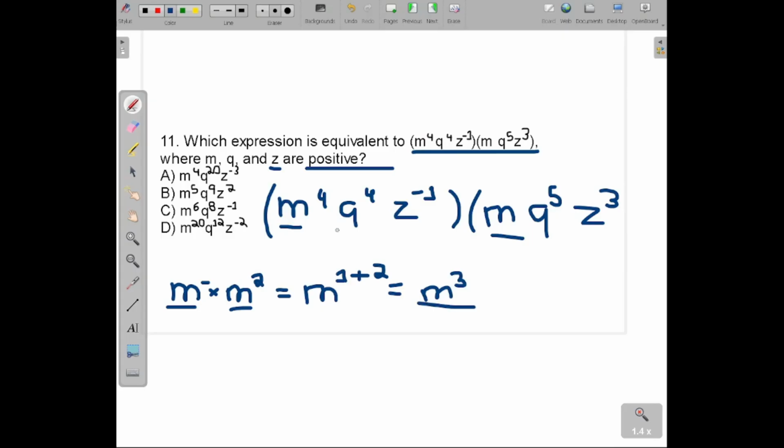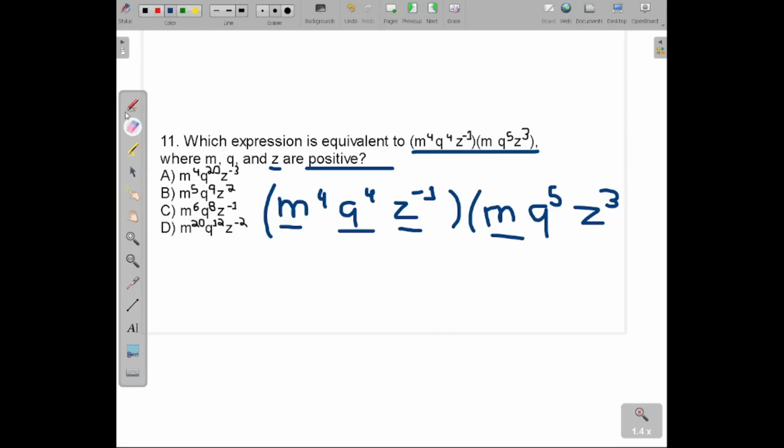And we have to do the same here for q and c. So the same base, m, 4 plus 1. Times q. So q and q, we have the same base. We add the exponents, 4 plus 5. And finally c.